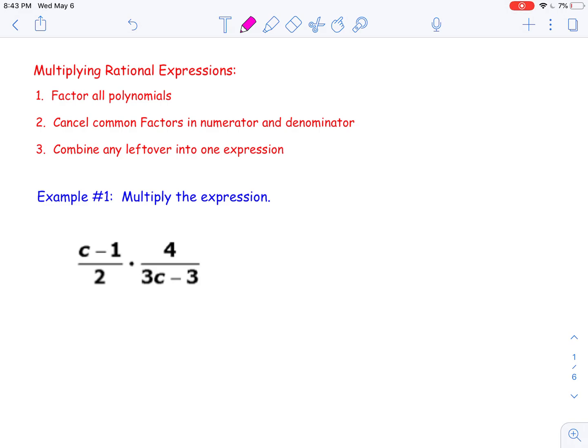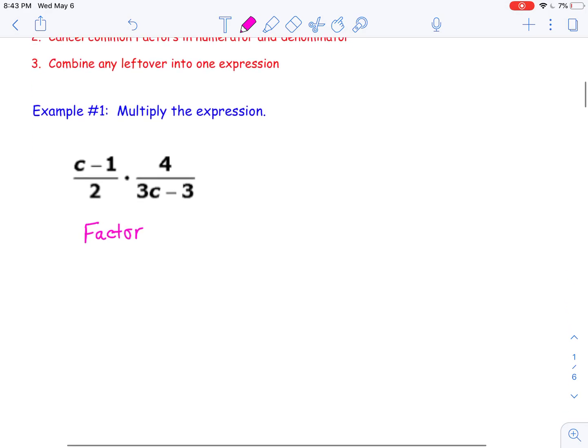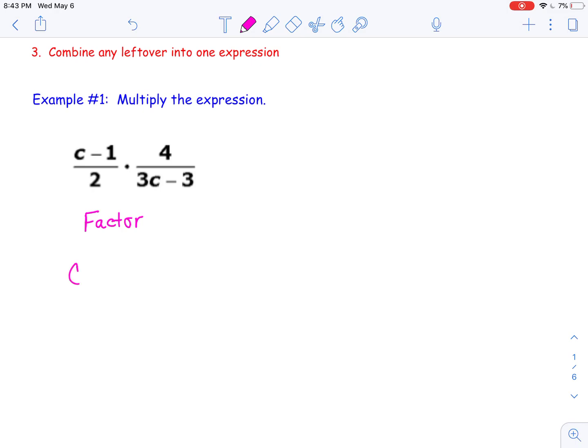So first thing I'm going to do is factor. If I factor these, I'm going to get c minus 1 over 2 times 4 over, c minus 1 is factored all the way. 2 I can't factor, 4 I can't factor, but on the bottom here, I can factor out a 3.